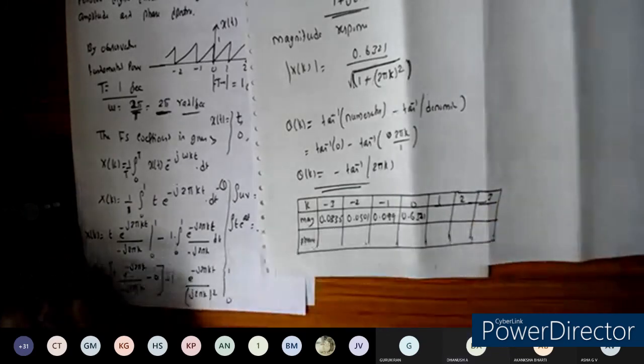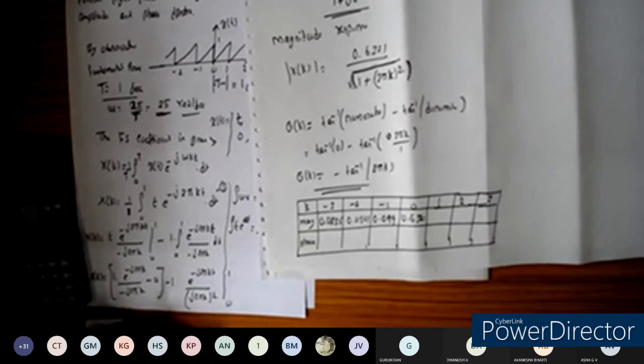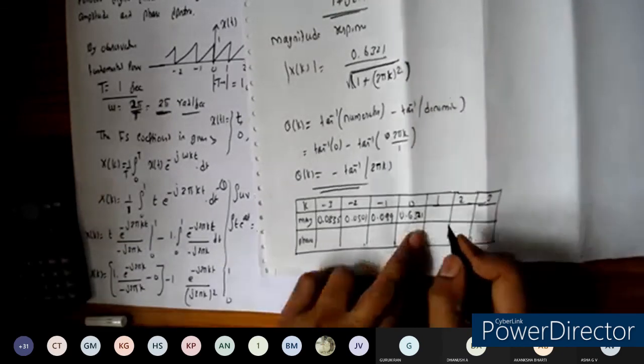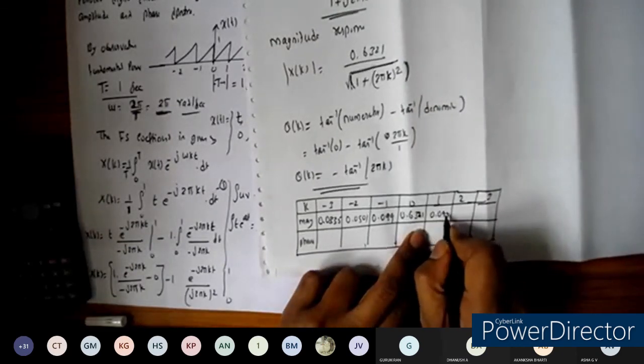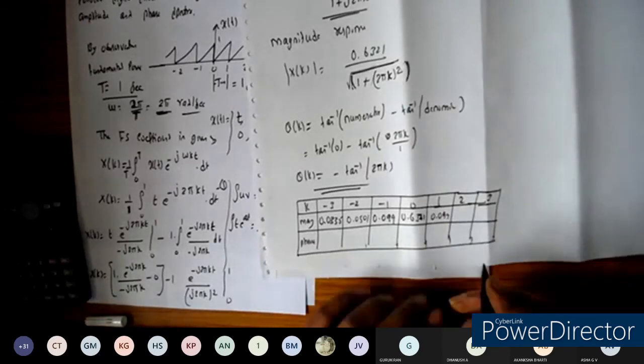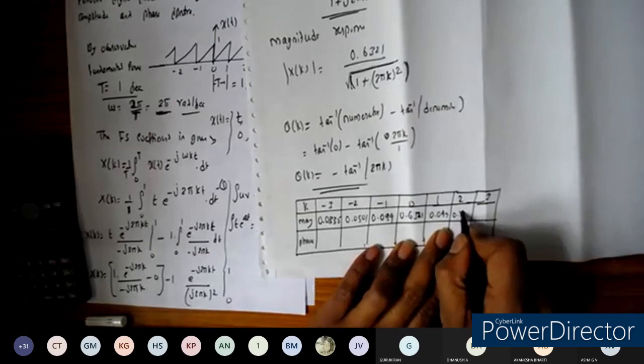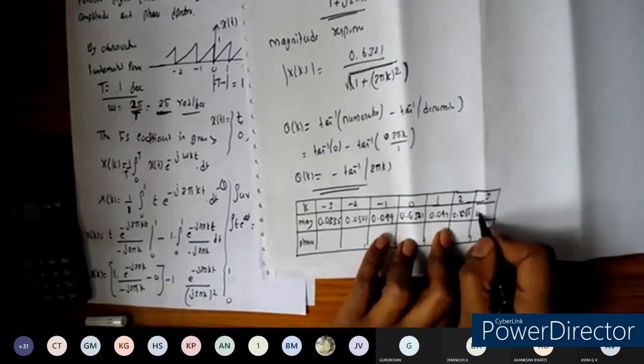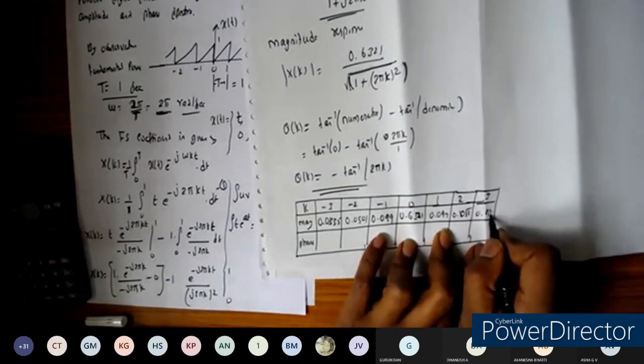For k equal to 1, it is the same, you'll get 0.099. For k equal to 2, also 0.0501, and for k equal to 3, also 0.0335 you'll get here.